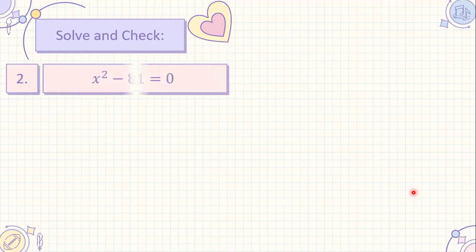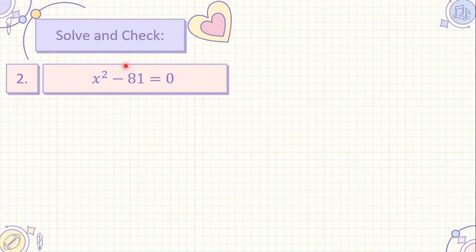Second example, if we have x squared minus 81, we find the factors of x squared, that is x and x. How about negative 81? That is positive 9 and negative 9. So by factoring, we write that in parentheses.